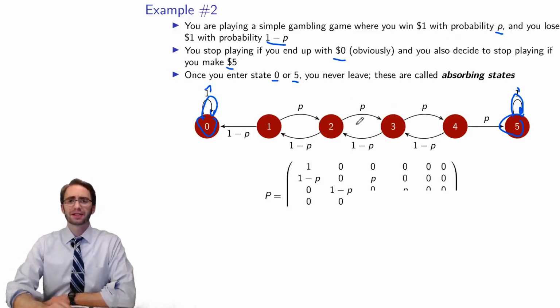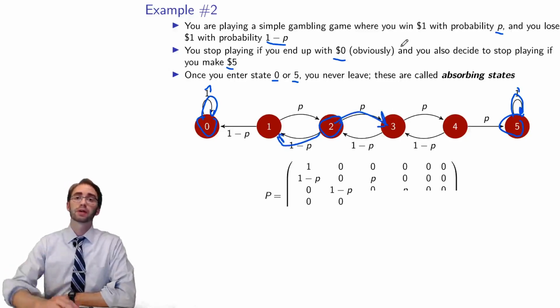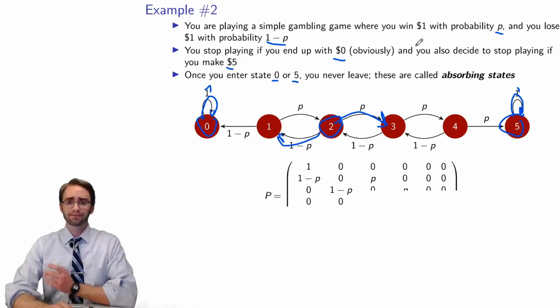Okay, so how else did this chain look? Well, if I have $2 in my wallet, then there's a P probability that I'll get 3 on the next step, and a 1 minus P probability that I will have $1 on the next step because I win or lose. So it's a pretty simple chain, right? A pretty simple network. You're just moving back and forth like that. And the matrix looks like this thing that you see here.